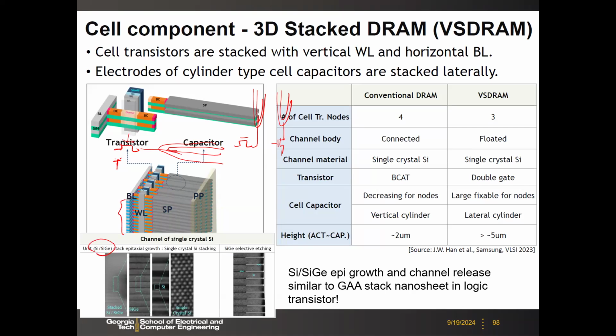Silicon germanium epi growth. So the same technique applies here. You grow the silicon germanium, and then you do the nanosheet kind of fabrication for the transistor. The key is that you need to grow many layers sequentially, and then use one lithography to etch, to separate those transistors, because you need to eventually separate them, and also the capacitor region.